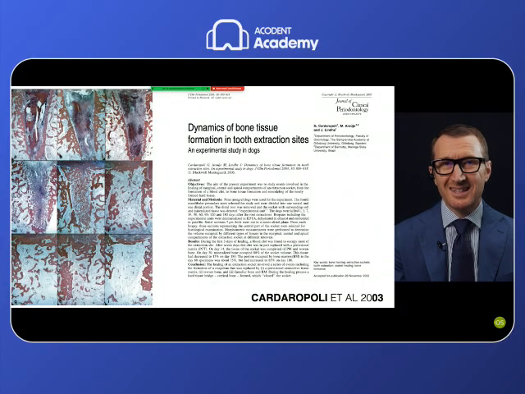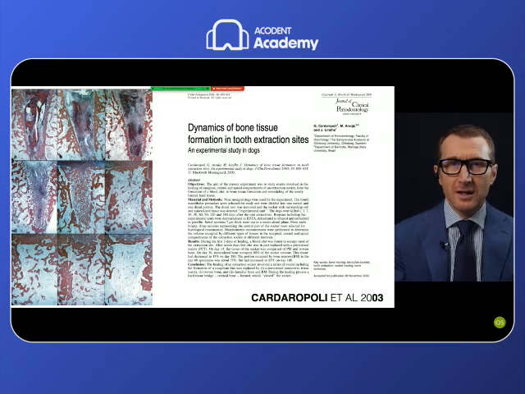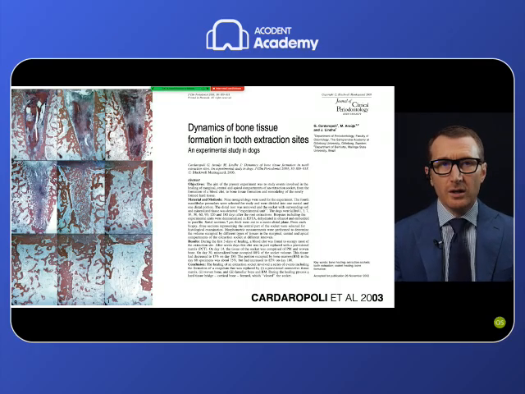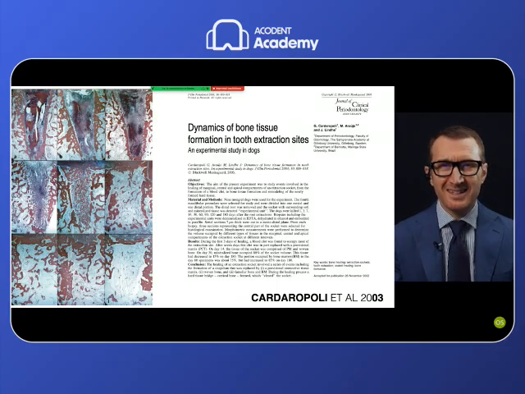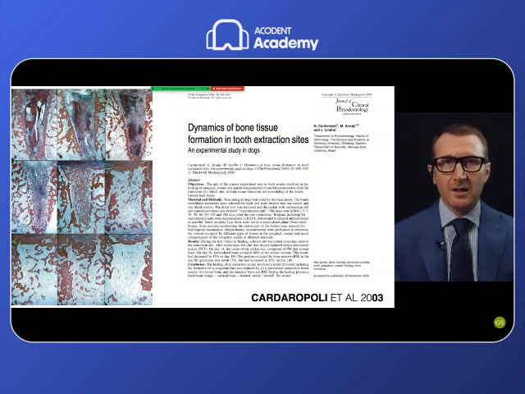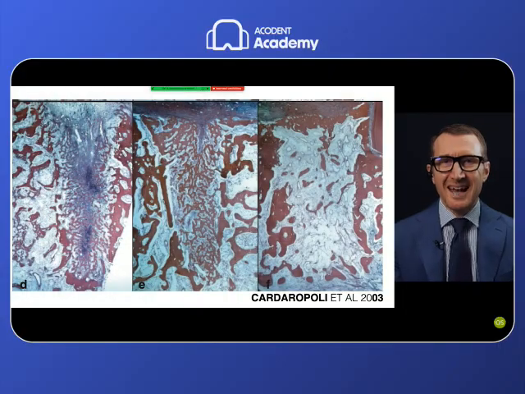And this is the same thing that is going to happen in a socket. If you extract a tooth and you are looking at the healing, now just in this paper by Cardaropoli, talking about the mesial distal section, we're not talking about the buccal at this stage, what we are going to see is that the bone is following exactly the same dynamic.